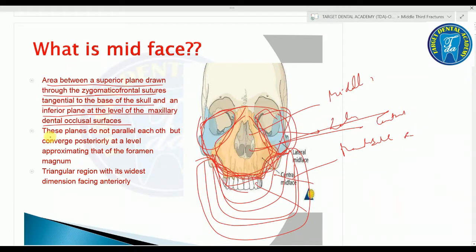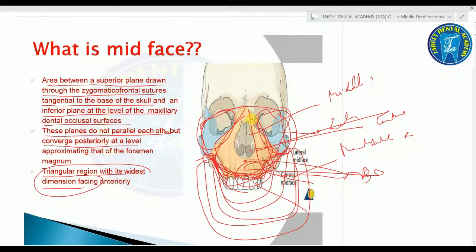These planes do not parallel each other, but they converge posteriorly at the level approximating that of the foramen magnum, somewhere behind the skull. So the triangular region with its widest dimension facing anteriorly is what we call the central midface.